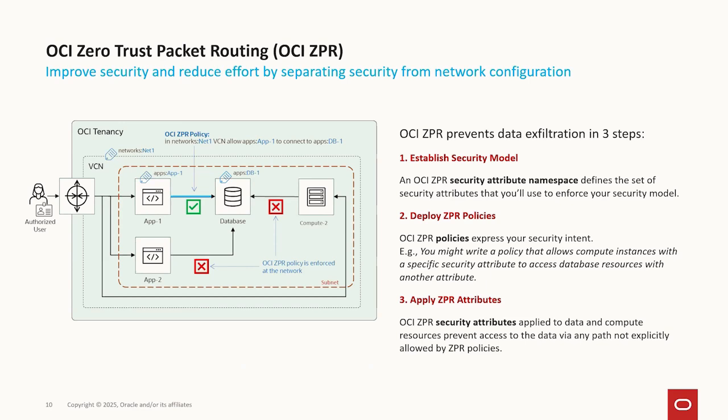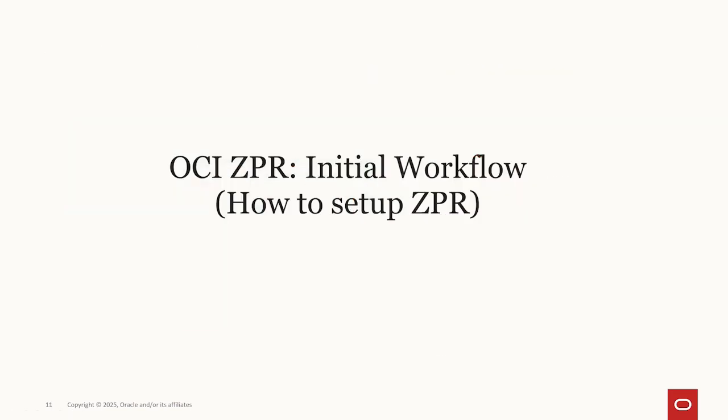So this shows you how powerful Zipper can be, and how we can leverage Zipper to declaratively implement network security. Now let's have a look at how we can actually enable Zipper in a typical OCI tenancy.